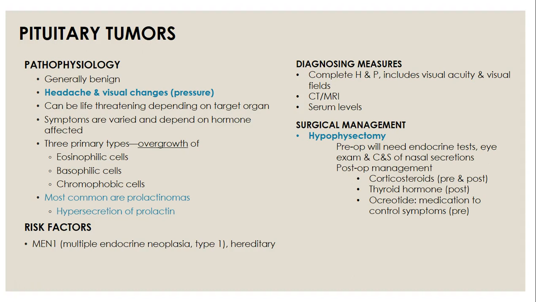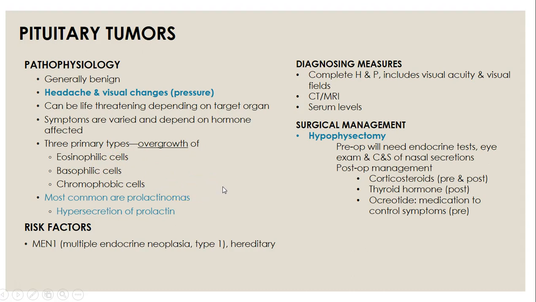It can be life-threatening depending on the target organ in terms of where there is an influx in hormones. Typically, there are three types. It's always an overgrowth of some sort of cell. The most common is prolactinomas, which is secretion of prolactin.